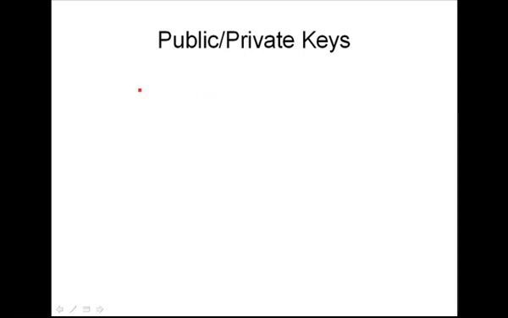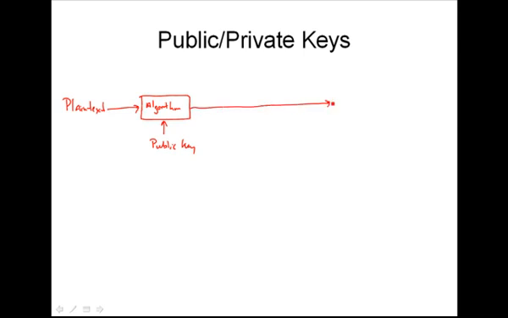For example, if I have some plain text here and I feed it into the algorithm, and we'll talk a little bit later about the various algorithms that are available here, and if I use a public key here, so we've got plain text in, public key in. This is going to be ciphertext.